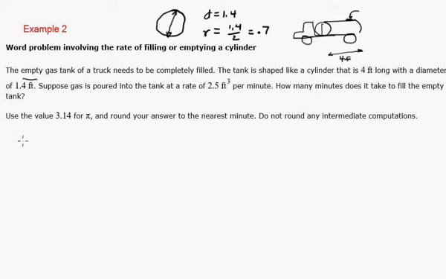We're going to use our formula again. Let's find the volume of this cylinder. It's going to be pi r squared, which is the area of the circle, and then times h, the length. So we get 3.14 times 0.7 squared times 4 again.